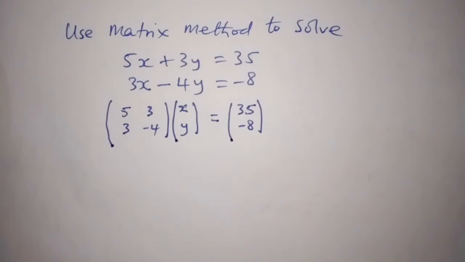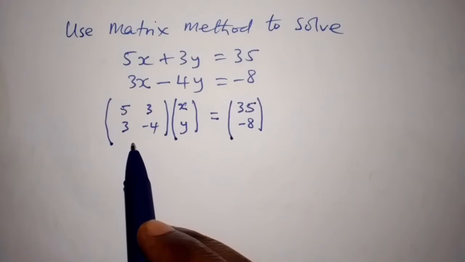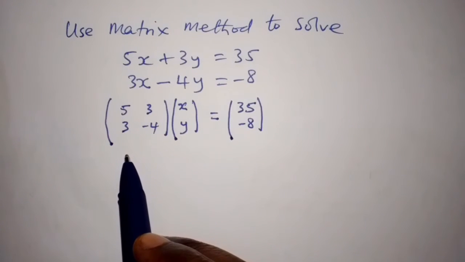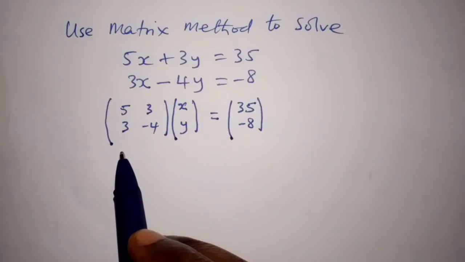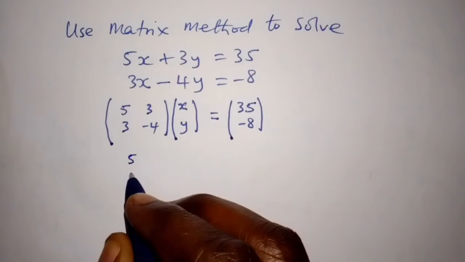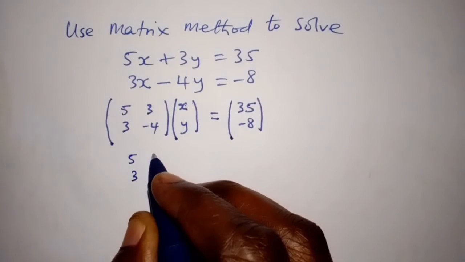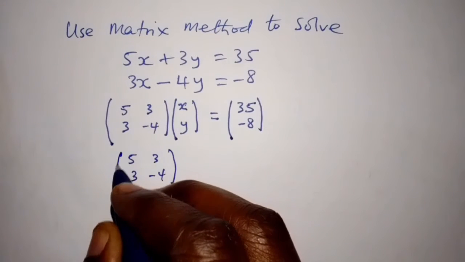The inverse of the coefficient matrix. Our coefficient matrix is this one here, 5, 3, 3, negative 4.